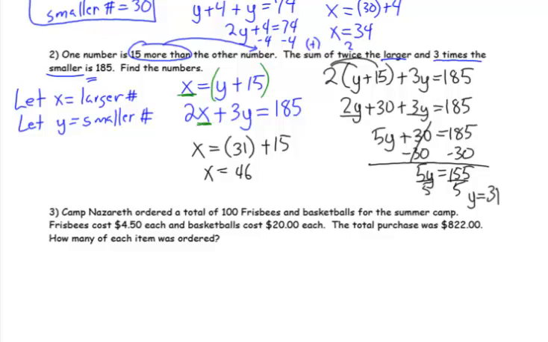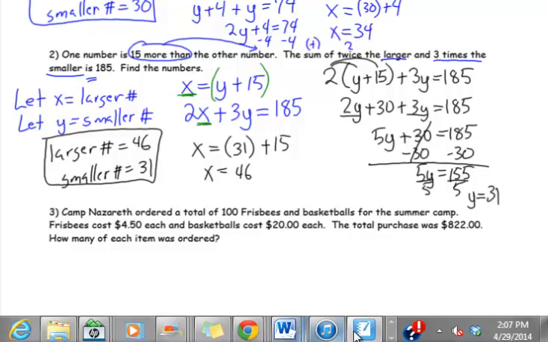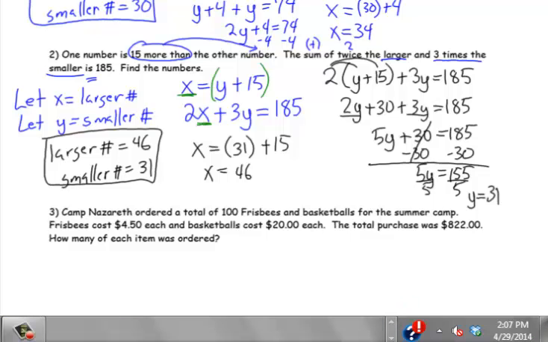So the larger number is 46, and the smaller number is 31. Okay. Now I'm going to push pause, and I'm going to come back and finish these other ones in a little bit.